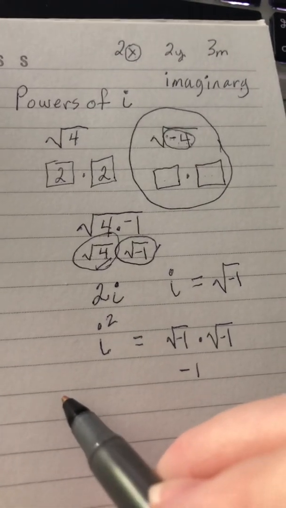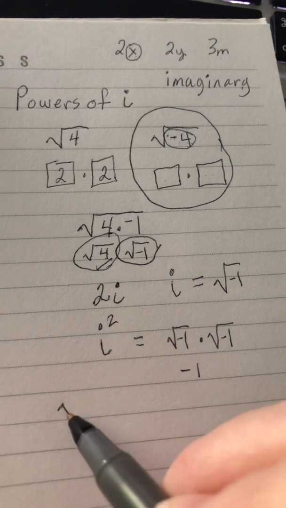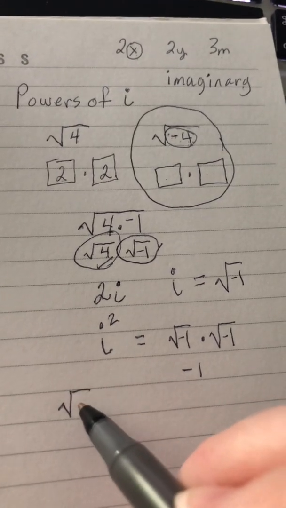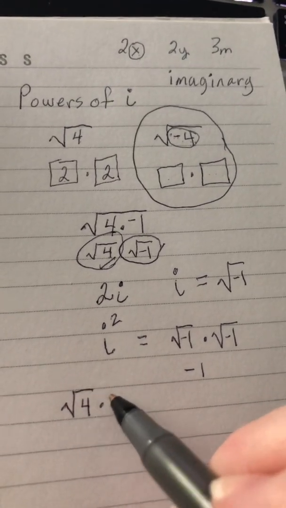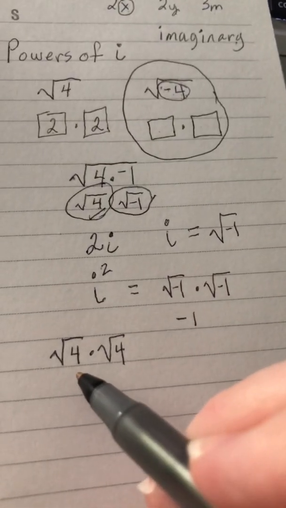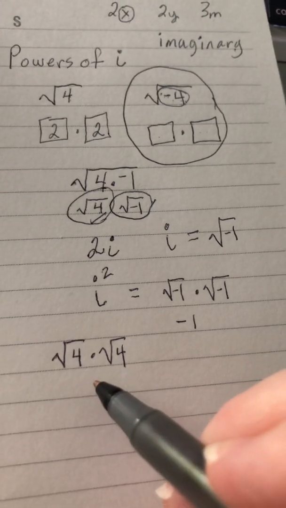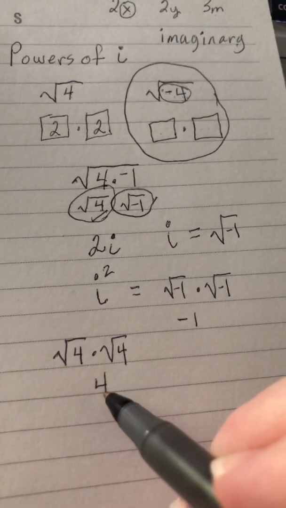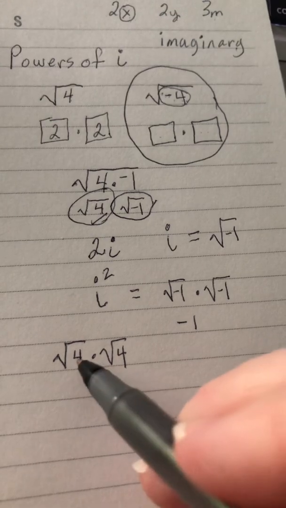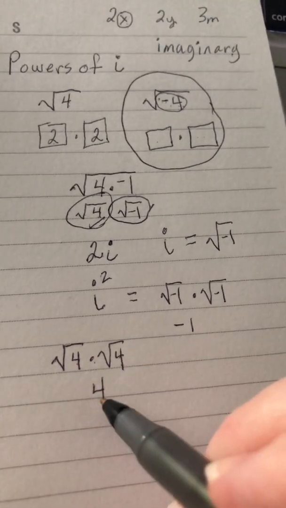If you have, let's say, the square root of 4 times the square root of 4, for example, that would actually give me an answer of 4, because it would be 2 times 2. It actually ends up being what's inside the radical there.